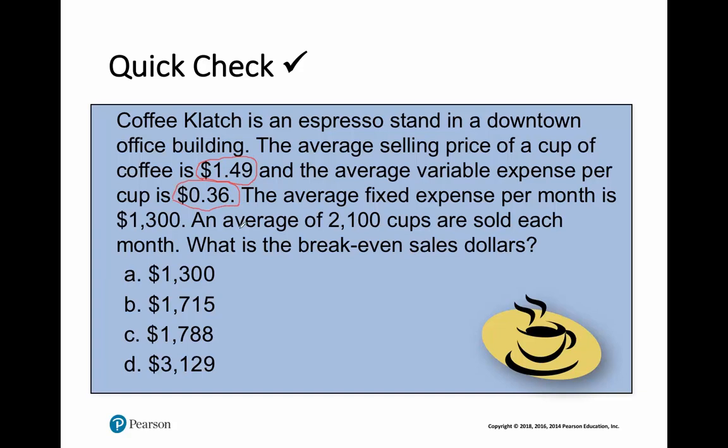So we take our $1.49 minus our 36 cents, and that tells us our contribution margin for each one of these units. So $1.49 minus 0.36 gives our CM per unit. Pardon my writing skills here, they're not great.